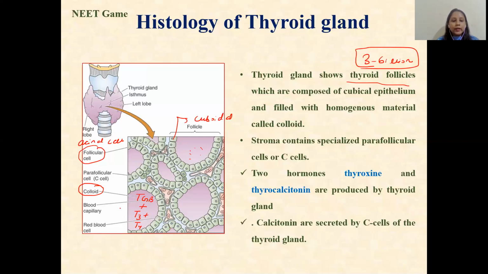Apart from that, a lot of blood capillaries are present surrounding these thyroid follicles. Another important type of cell found in this histology is the C cells or parafollicular cells.